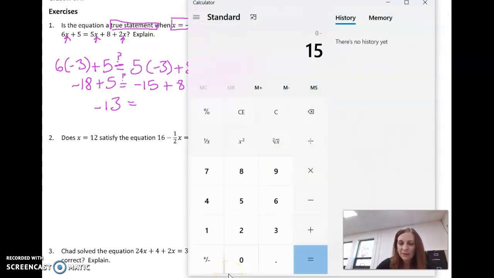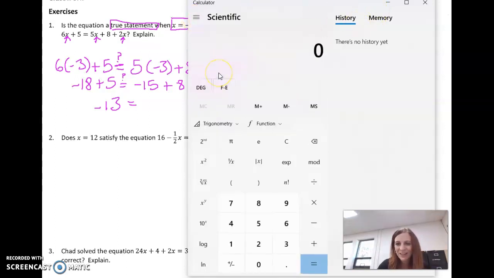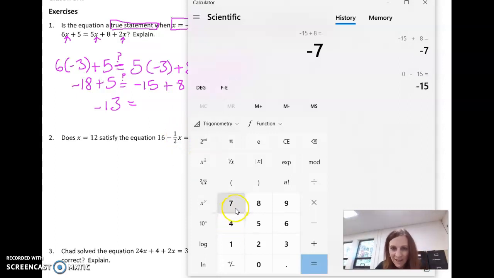-15. Oops. Okay. I have to figure out how to use this calculator. It's not scientific. All right. -15. Nope. Never mind. Here we go. -15. Still probably not going to work, but that's okay. Plus 8 is a -7. And then if I add it to, I was hoping to give you a negative.